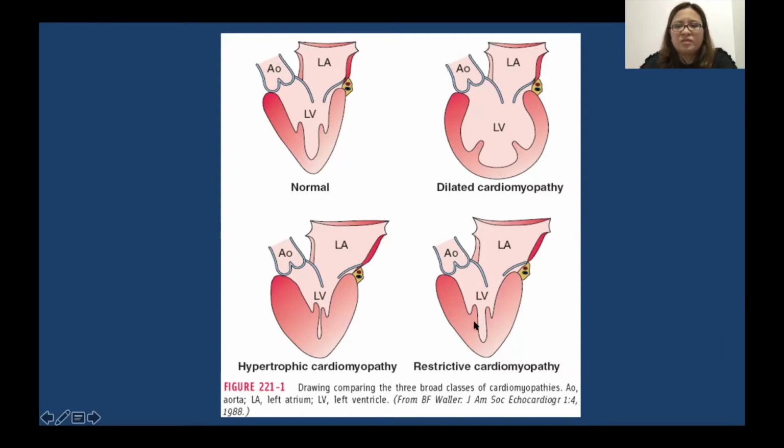Moving on to restrictive cardiomyopathy, the LV cavity is normal, while the walls may be normal or hypertrophied, but it is proportionate, meaning both the septum as well as the posterior wall of the LV can be hypertrophied.